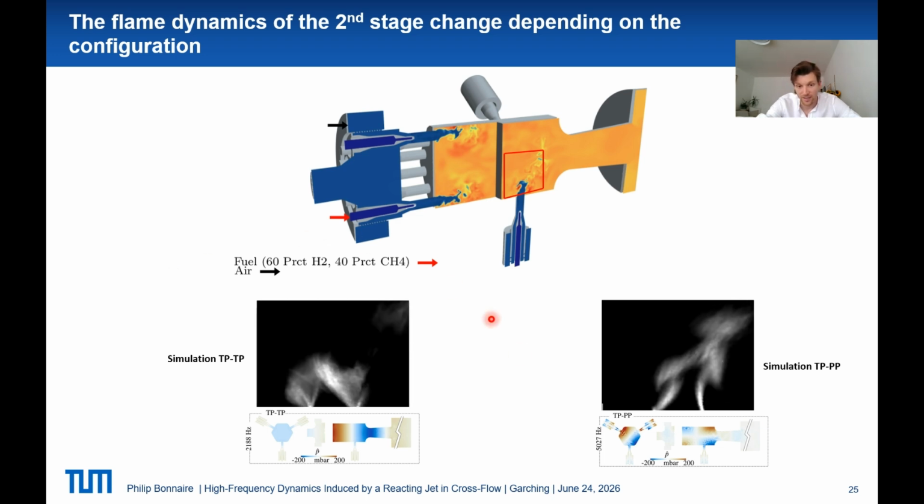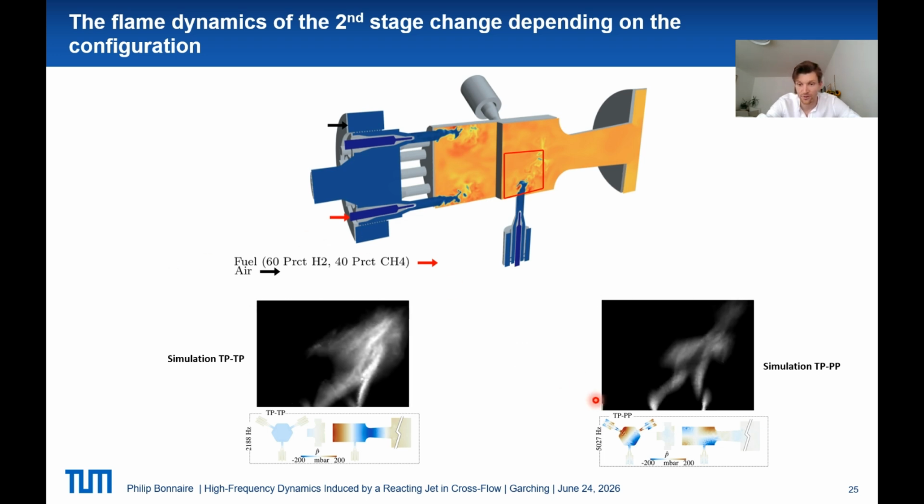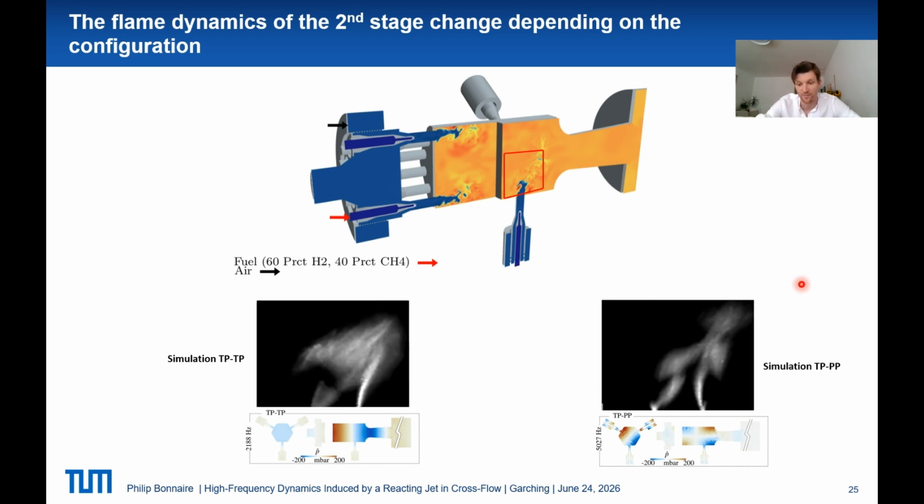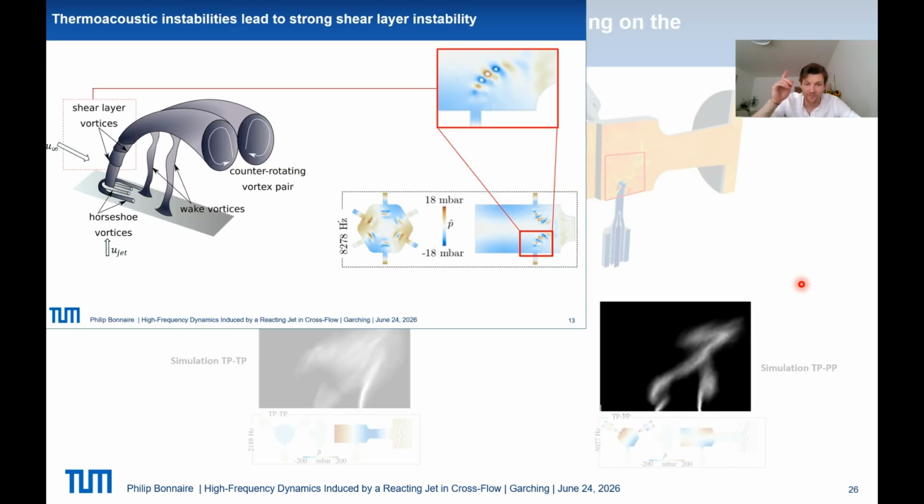And on the right hand side, we again observed that there is a strong shear layer instability. And there we recalled that we have already seen this in this presentation in slide number 13.